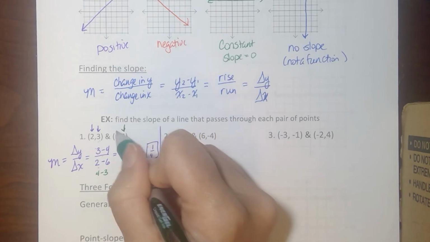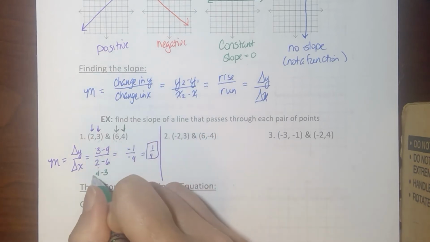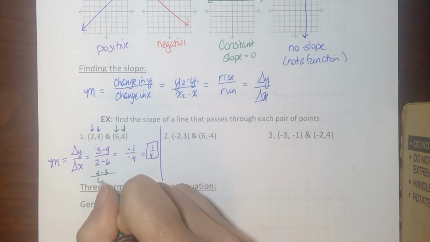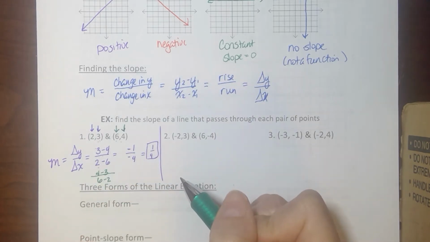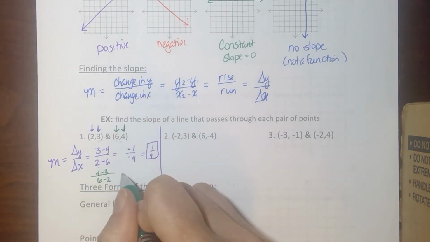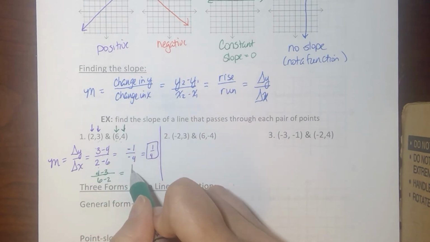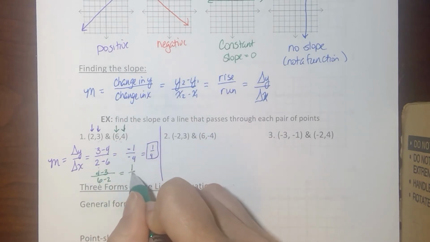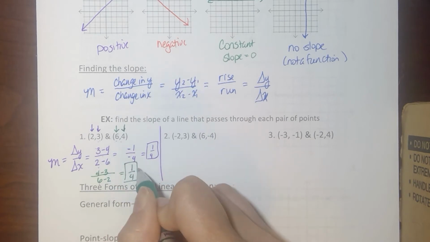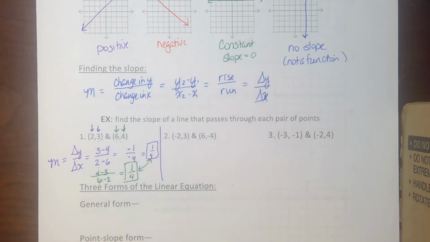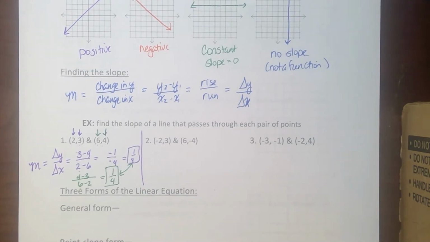When I start with this y coordinate, I also have to start with this x coordinate, which makes my denominator 6 minus 2 instead of 2 minus 6. This time when I do the subtraction, I have 4 minus 3 is a positive 1 and 6 minus 2 is a positive 4. So it truly does not make any difference which point I start with. I'm going to get the same slope as long as I work the problem correctly.